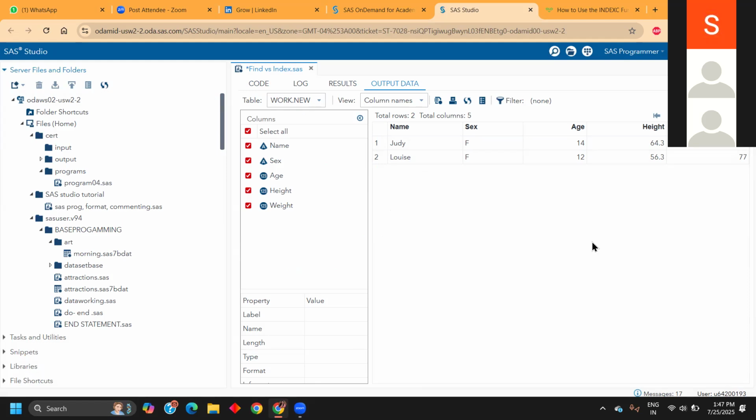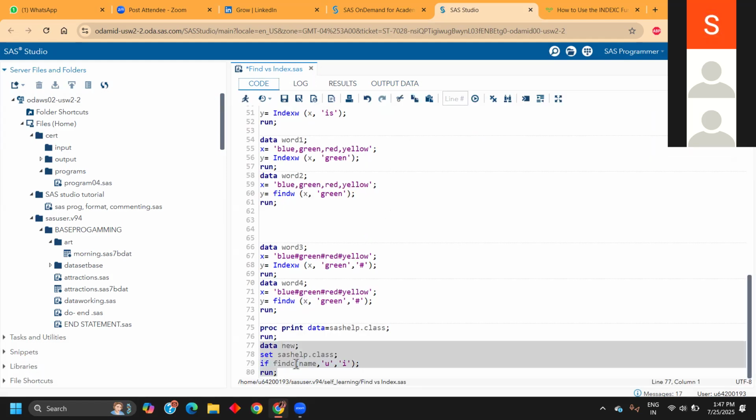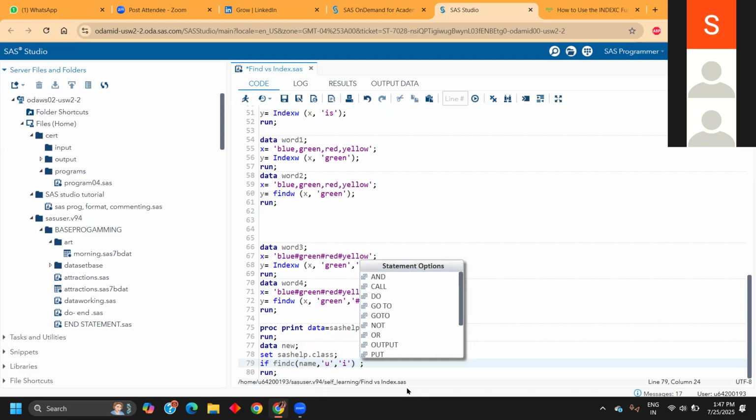Go to the code. So tell me, what does FINDC of name, U comma I normally return? The position of U across the name, right? Now FINDC of name U, after this parenthesis mention bracket greater than 0.